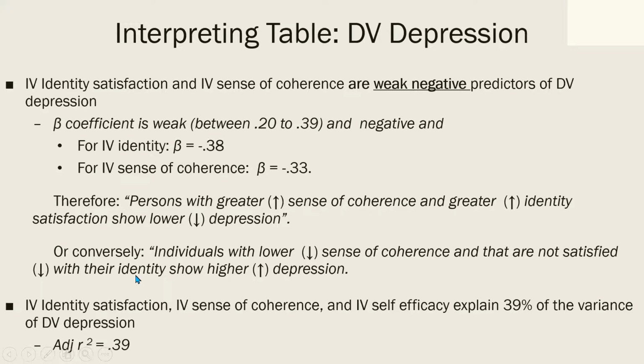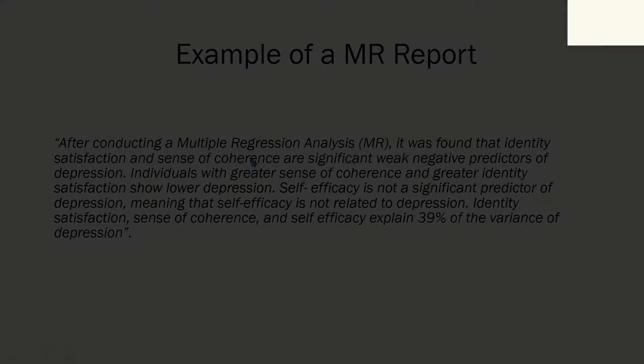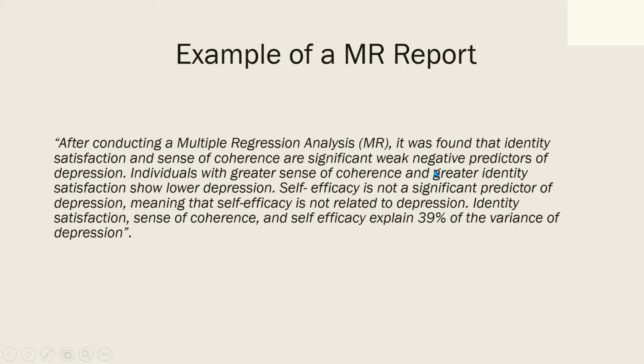Thank you, Dr. Shah. Also, if you look here, this statement example gives a good visual representation of the direction. You can see that the independent variables of sense of coherence and identity satisfaction are represented by an upward arrow as they relate to depression, which is then shown as a downward decline. This is just an example of how you would interpret a multiple regression table.